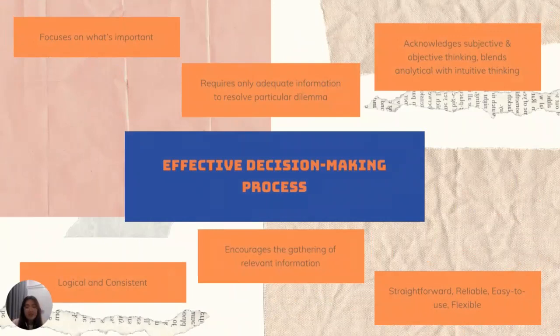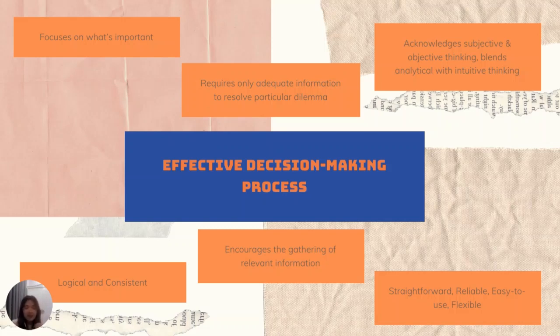Here are some characteristics of an effective decision-making process. The first one, it always has to focus on what is important. It also has to be logical and consistent. It requires only adequate information to resolve a particular dilemma, as well as encouraging the gathering of relevant information.